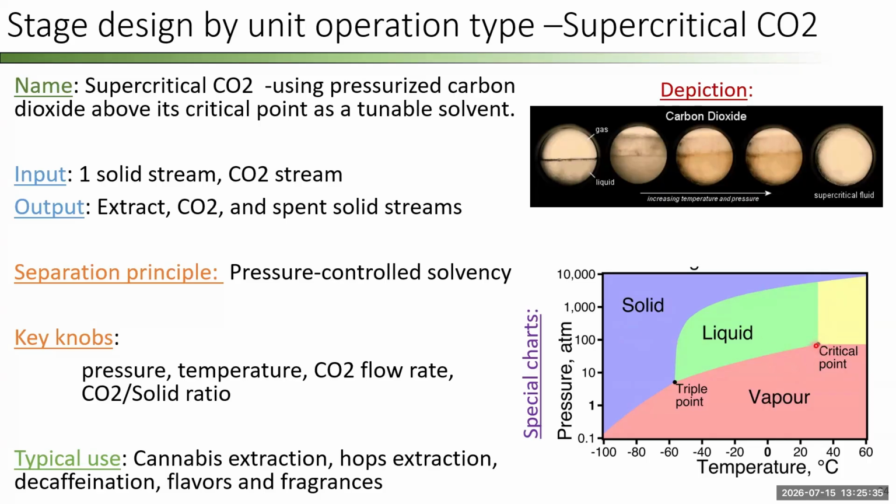There's this point called the critical point. When I move from a vapor to a liquid phase, I condense. If I go around into this supercritical phase, I'm not really a liquid and I'm not really a gas. I'm something in between.